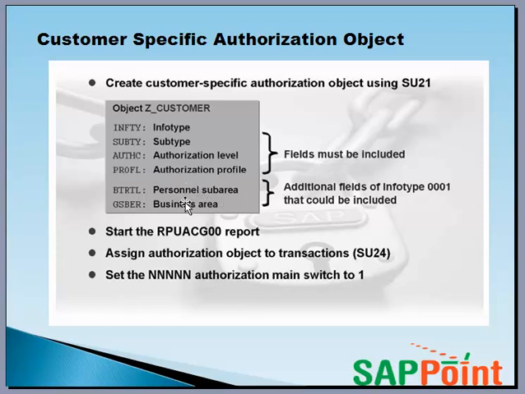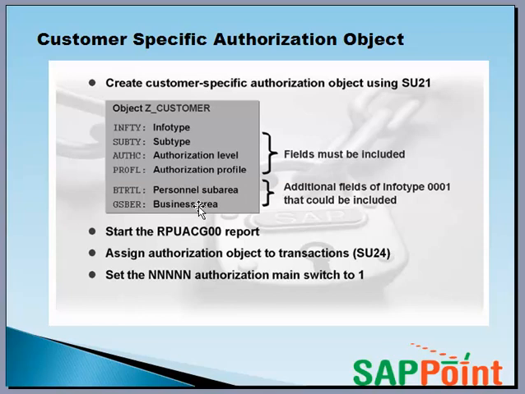Now, along with the fields that you want to build security on, you must include the info type field, the subtype field, the authorization level field, and the authorization profile field in the custom authorization object. Including these four fields is a must, in addition to, let's say, the personal sub area field or the cost center field or the business area field.